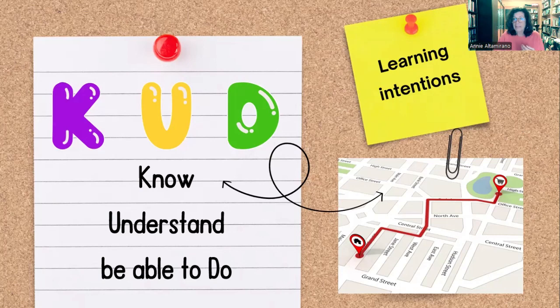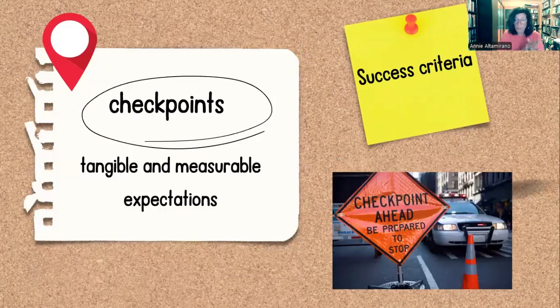Now, success criteria, on the other hand, are like checkpoints along the journey. They define how students will demonstrate that they have achieved the learning intentions. Success criteria make tangible and measurable expectations that will help students identify what success looks like in concrete terms.